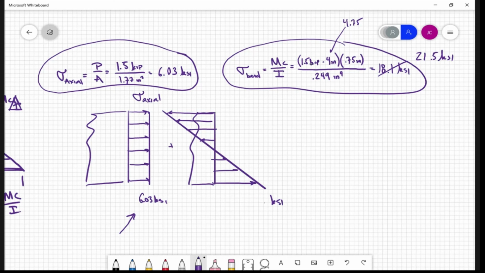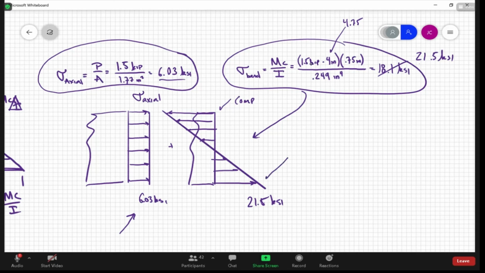Remember, it's not going to be uniform. So that's visualized here. Its magnitude is much greater than the P on A stress, the axial stress. And it is going to be compressive at the top and tensile at the bottom.